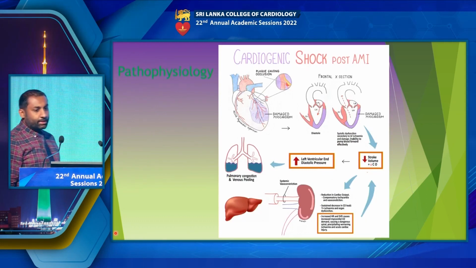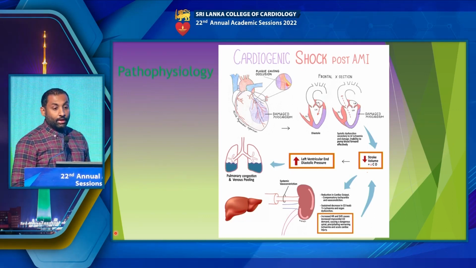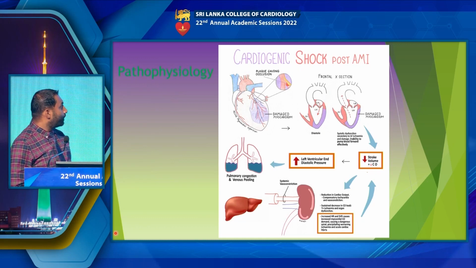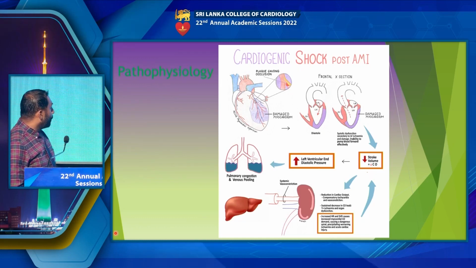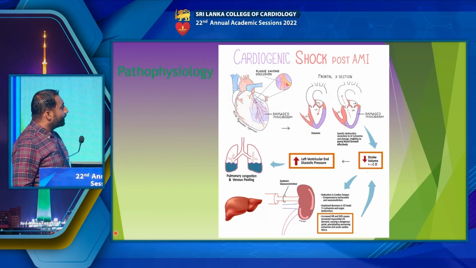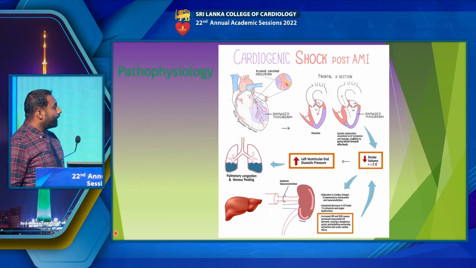So this slide explains diagrammatically how this happens. For example, with a heart attack, the most common reason for acute heart failure or cardiogenic shock, one vessel is blocked and part of the heart muscle is not working. The pump fails, the forward flow is affected, and your cardiac output reduces, your blood pressure reduces.